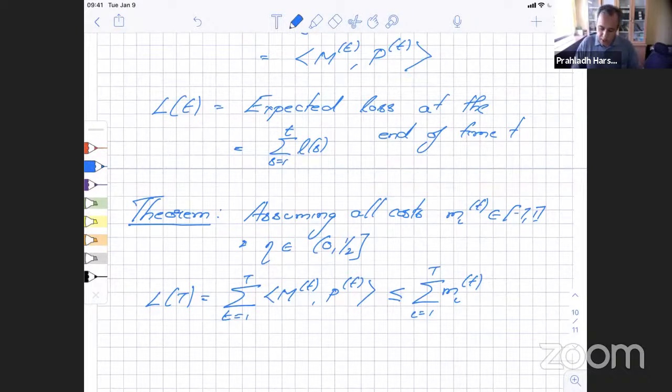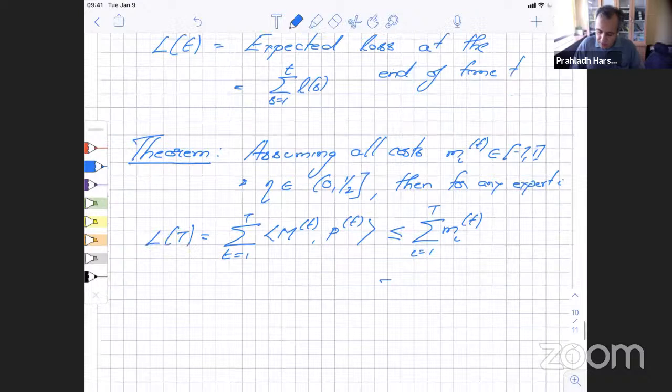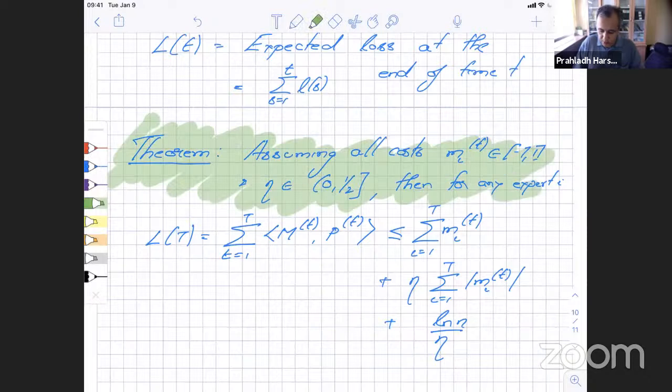Take any expert, then for any expert i, plus eta times the summation from 1 to t of mod MIS plus ln n over eta. Let's stare at this for a little while and then we'll conclude.